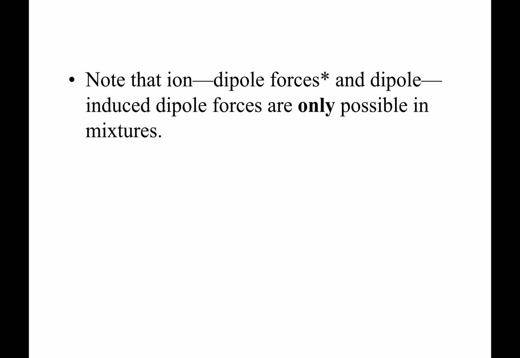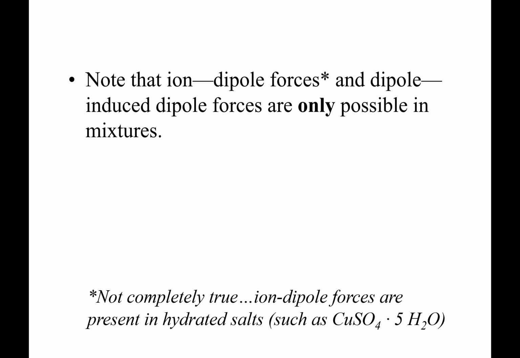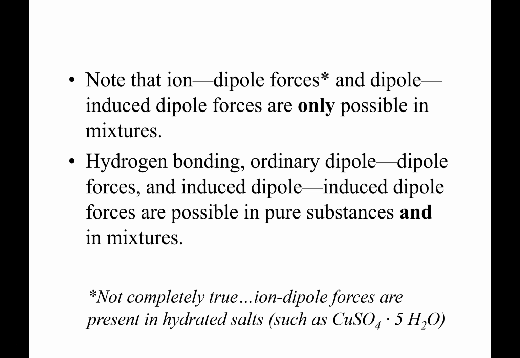So note that ion-dipole and dipole-induced dipole, you're talking about two different substances that are coming together, so it has to be a mixture. And these guys could be mixtures or otherwise. An exception I have here is we talked about hydrated salts. And actually, all a salt is, is an ionic compound. We can take like copper(II) sulfate, an ionic compound.